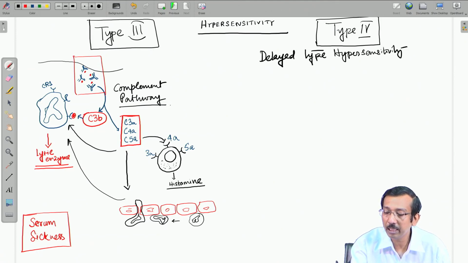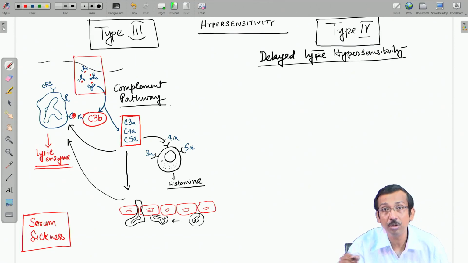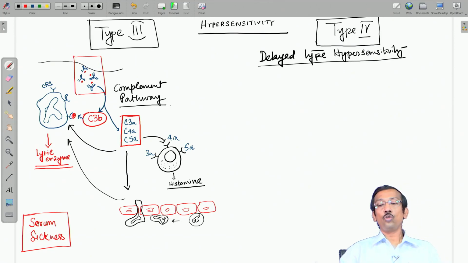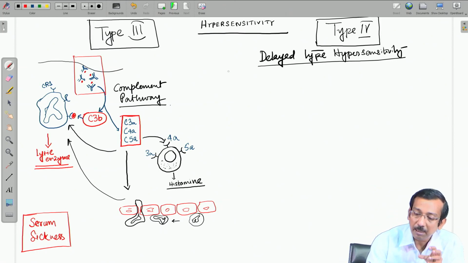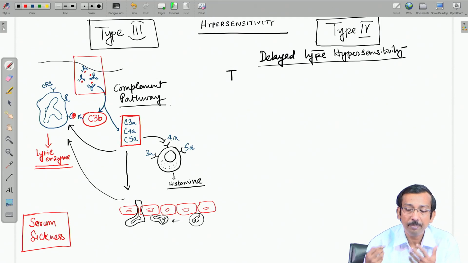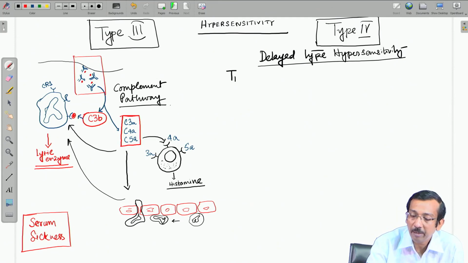It does not occur immediately after exposure to the antigen. It can take some time, like 1, 2 or 3 days. That is why it is called delayed type hypersensitivity, and initially this subset of T cells which mediate this kind of reaction was named DTH.